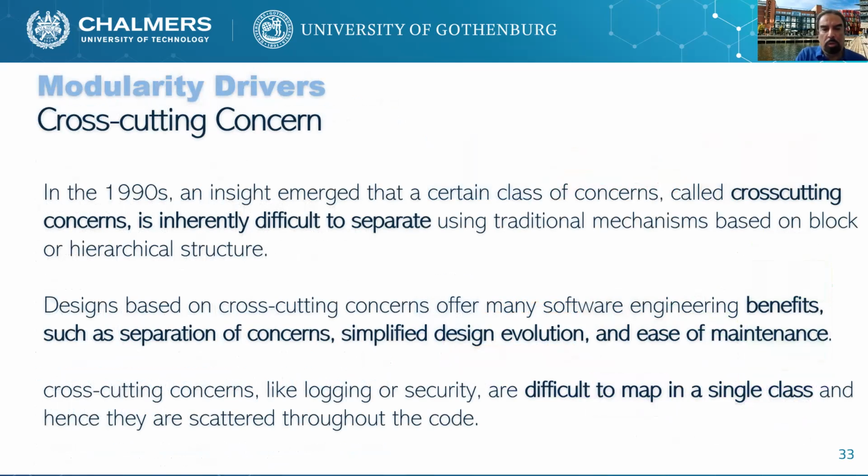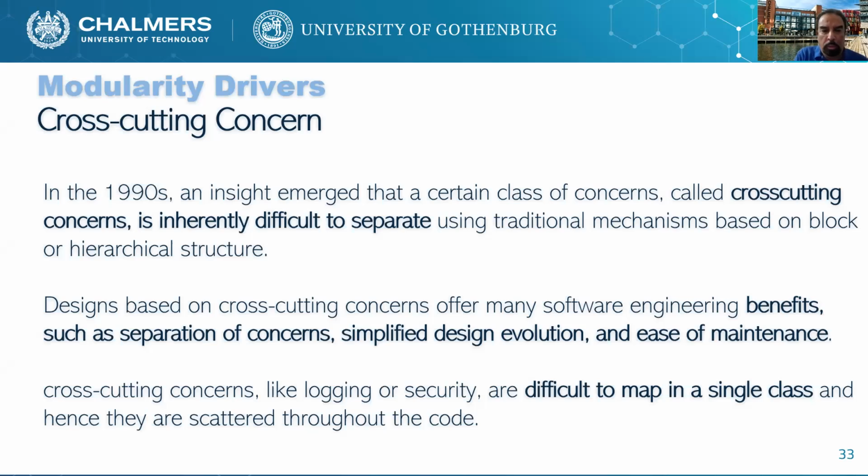Cross-cutting concerns are also issues related to separation of concerns. There are certain methods that are difficult to isolate and implement as independent because of their nature, for example the testing procedures or maintenance procedures that are usually part of any class.